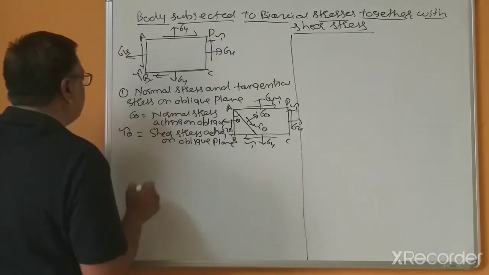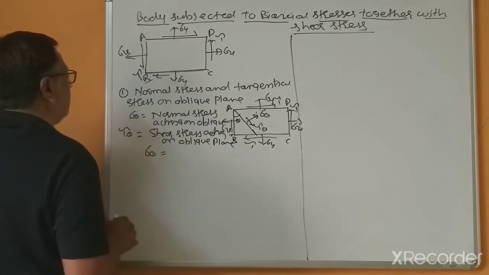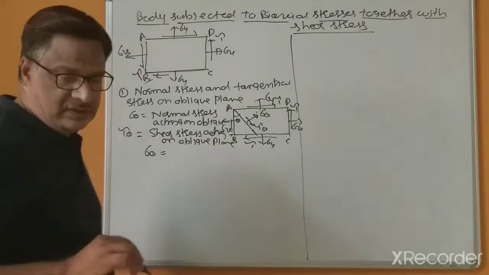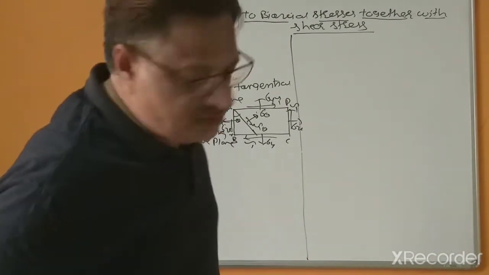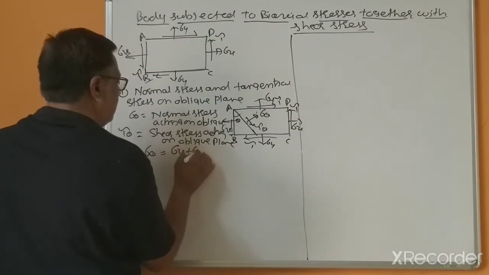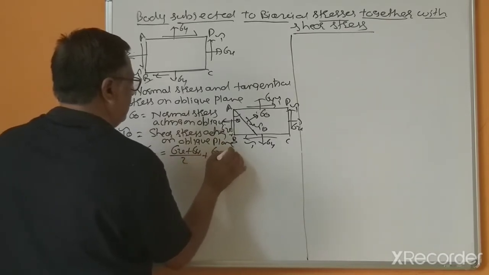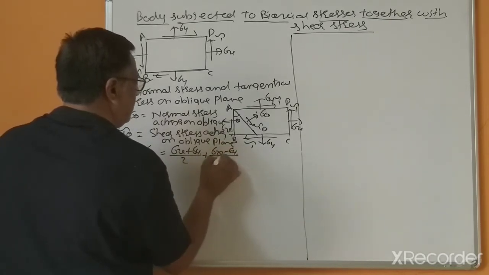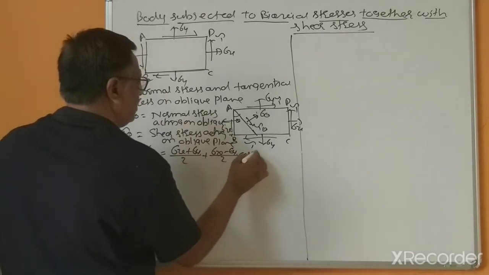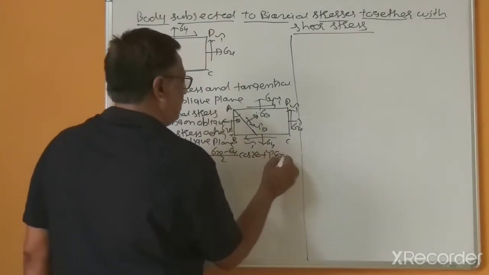So sigma theta equals sigma x plus sigma y divided by 2, plus sigma x minus sigma y divided by 2 cos 2 theta, plus tau sin 2 theta.